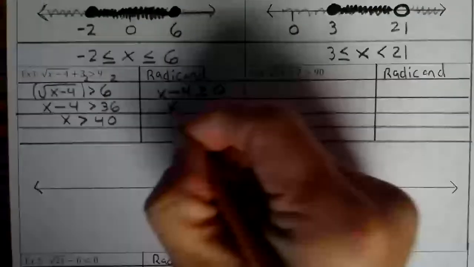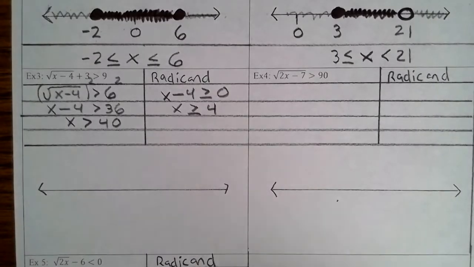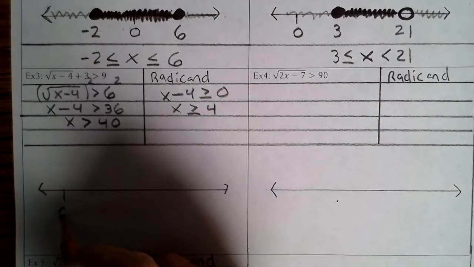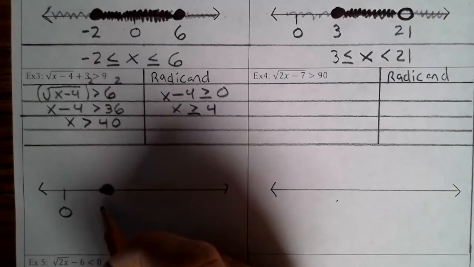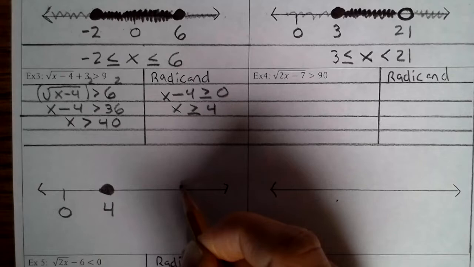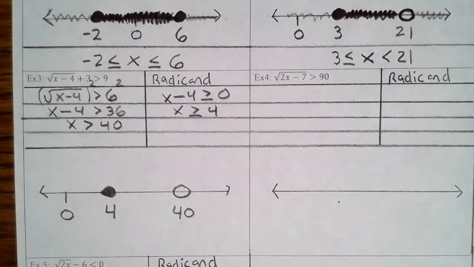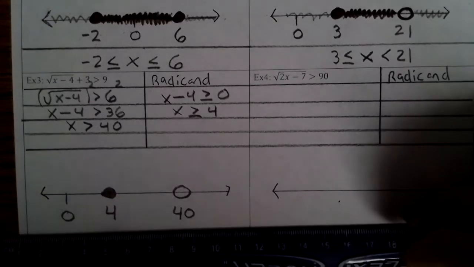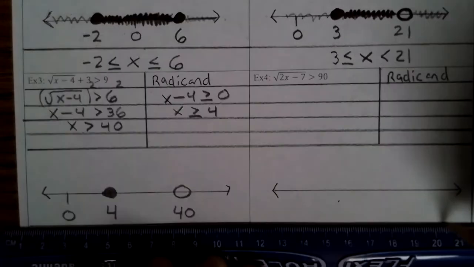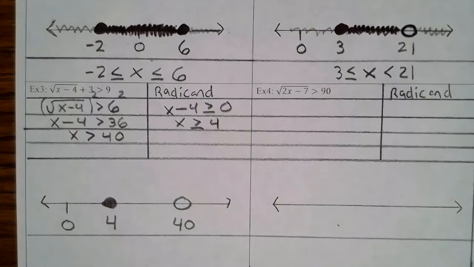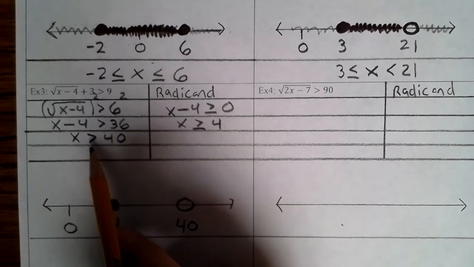So again, you can see here both numbers are positive, so we can put a 0 on the left. We have a closed circle at 4, and we have an open circle at 40. Now shading, and let me leave space for the inequality. Shading wise, it looks like x is greater than 40, so we shade to the right of 40, because the arrow would be pointing to the right.